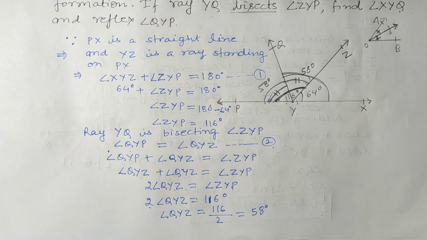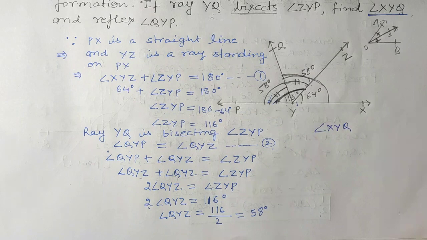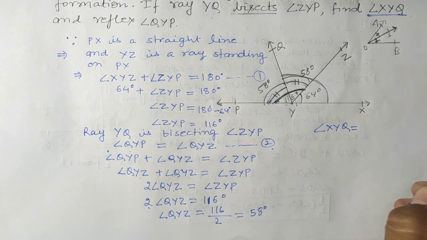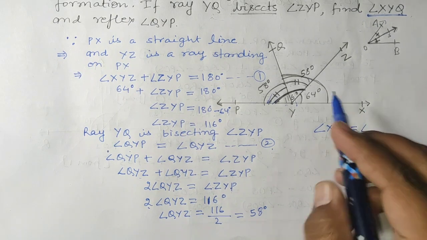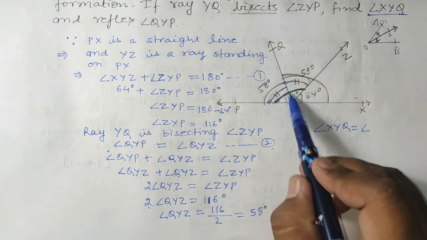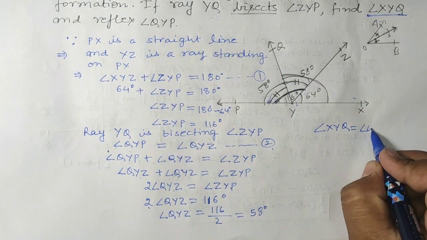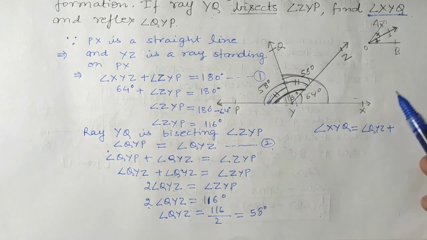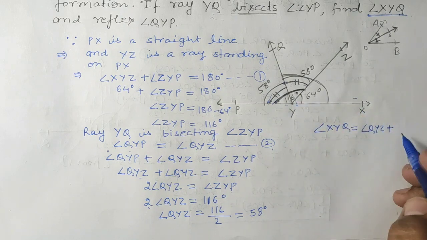Okay students, now see, in the question it is given to find angle XYQ. We know that angle XYQ is equal to the sum of angle QYZ plus angle ZYX or XYZ.